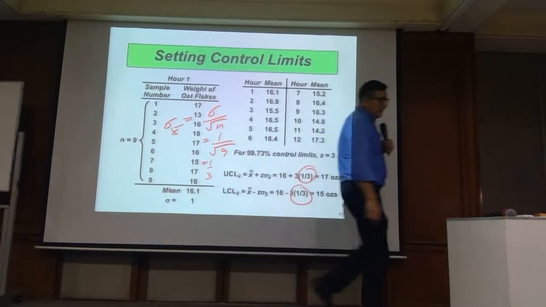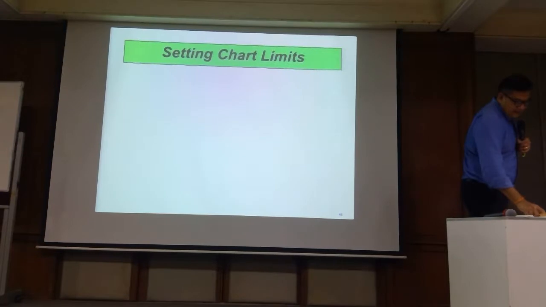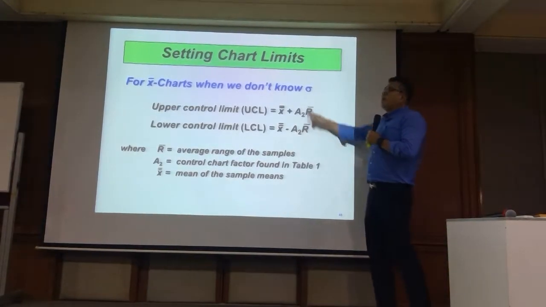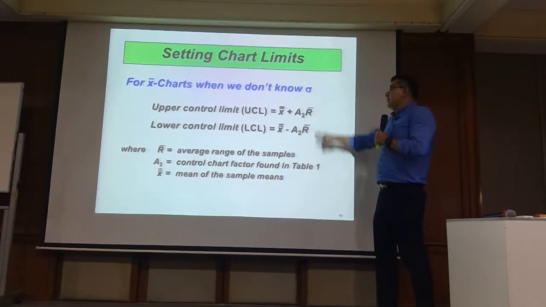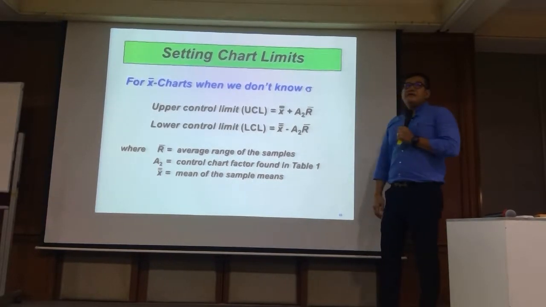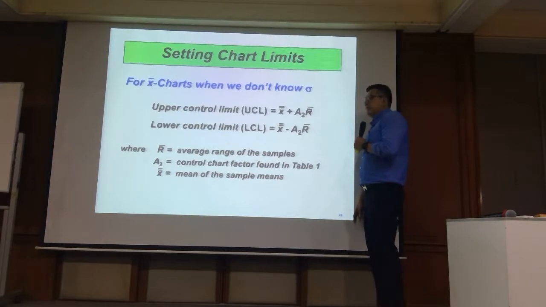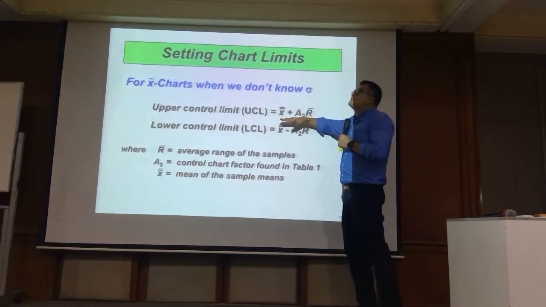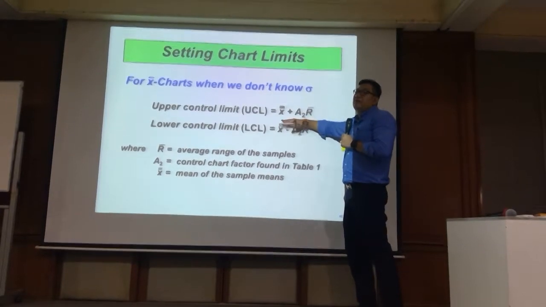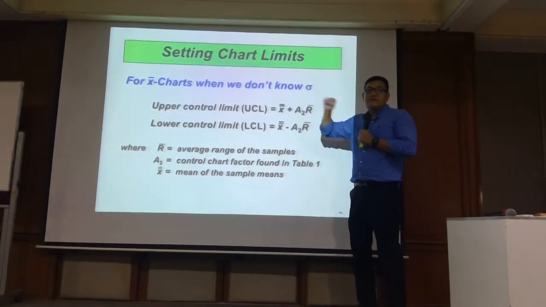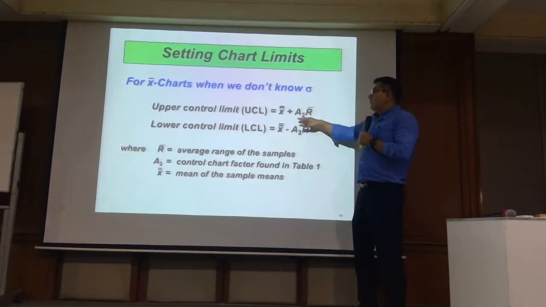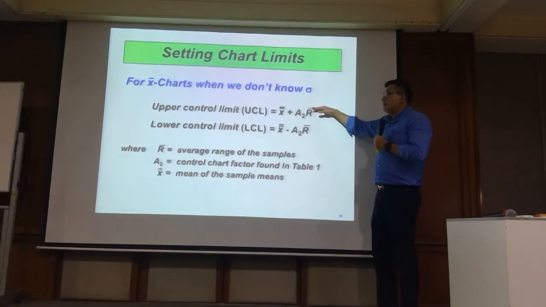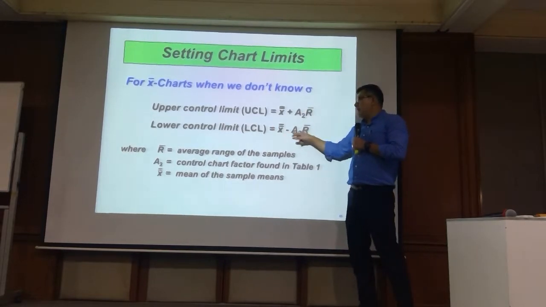So then we have another formula, for the case that you don't know the standard deviation of the population or of the process, for developing the X bar control chart. The center line of the control chart is X double bar, calculated from the average of all the points that we're plotting. For the upper control limit, this time we use X double bar plus A2 R bar. For the lower control limit, we use X double bar minus A2 R bar.